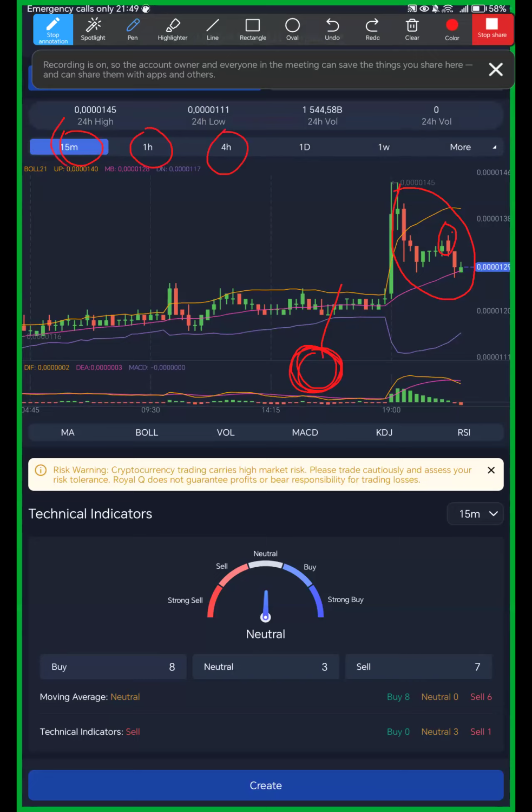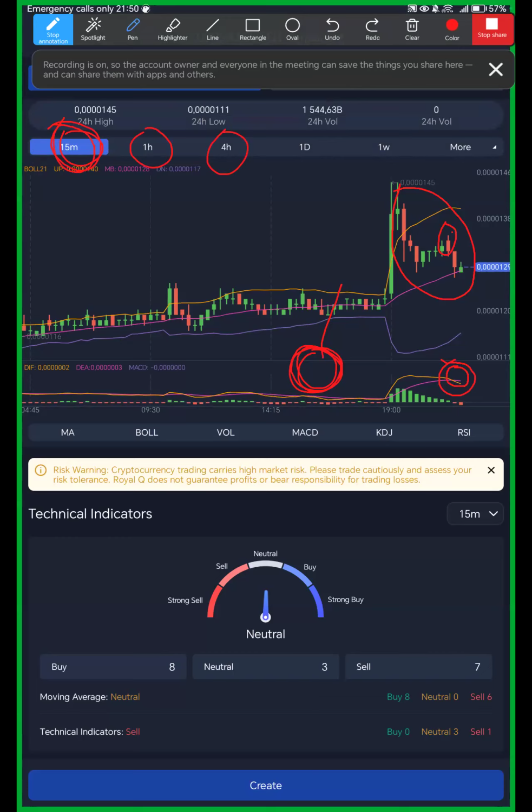Now, in the 15 minutes candle, is there a death cross happening? If there is a death cross happening in 15 minutes, the robot will enter the market. That's what I mean, Doc.